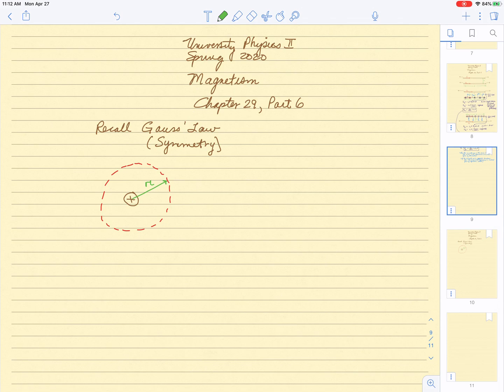we could do that by looking at Gauss's law, which stated that the integral of E dot dA was equal to the charge enclosed divided by epsilon naught.